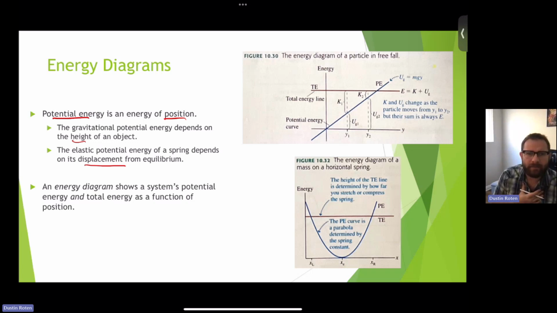So an energy diagram actually shows a system's potential energy and total energy as a function of position. Okay, so we have the potential energy and total energy. So you might be asking, what about kinetic energy?